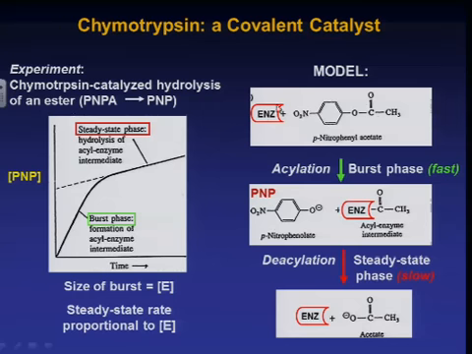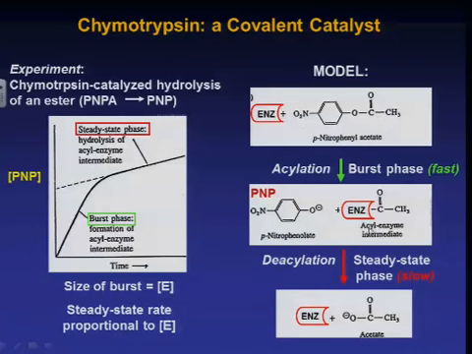So when the enzyme locks on to its substrate, PNPA here, as soon as it hits it, you get acylation, which is adding the acyl group of the PNPA to the enzyme.